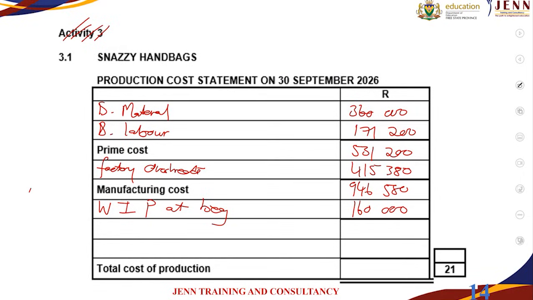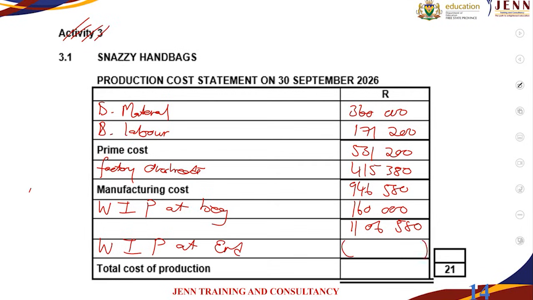Now, when we add them together, they must give us the one that I said is not going to have a name, but we need to write the amount. And the amount is going to be 1,106,580.